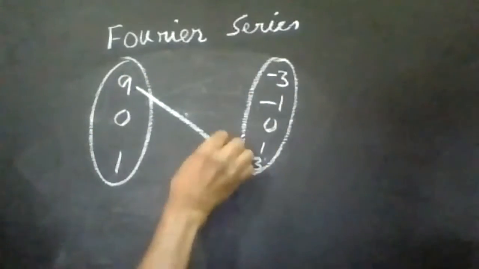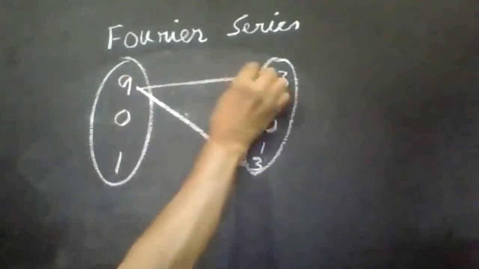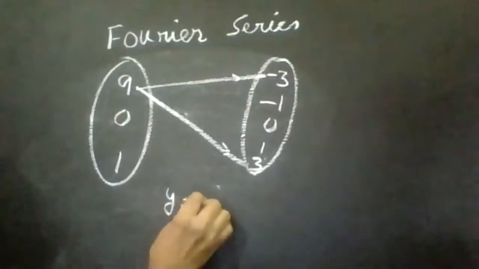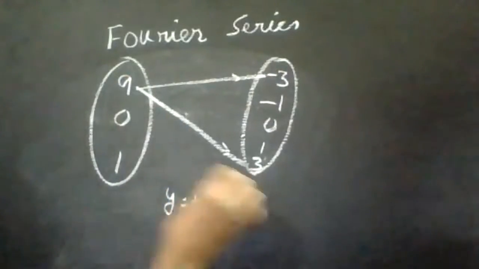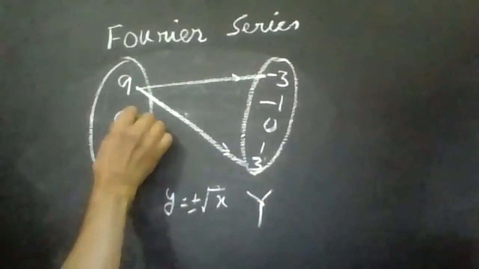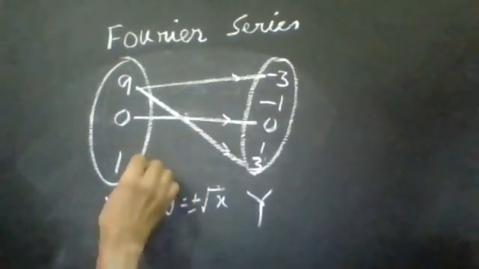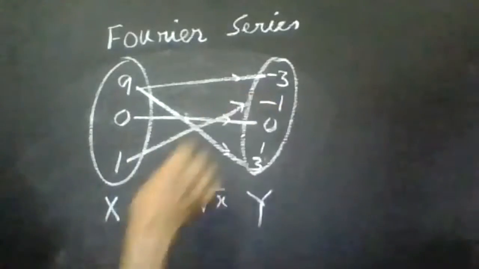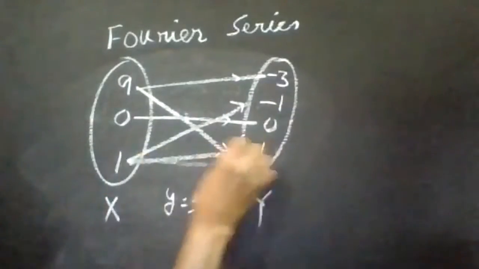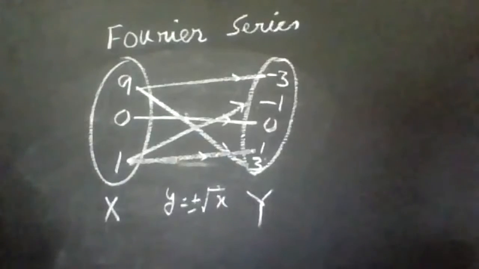This line is linked to two values of y. The rule is y equals plus minus root x. This is set X, this is set Y. 0 is linked to 0, 1 is linked to these two values.